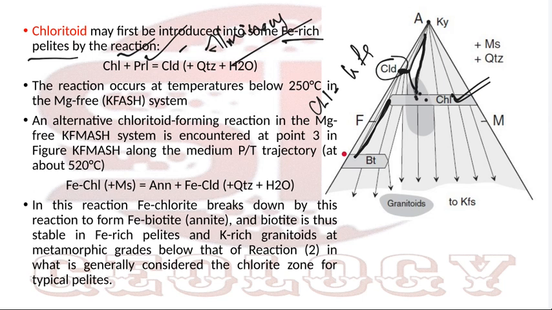So the aluminous zone is above, the chloritoid zone is here. About this, multiple lines connecting. So these multiple lines basically represent a solid solution.